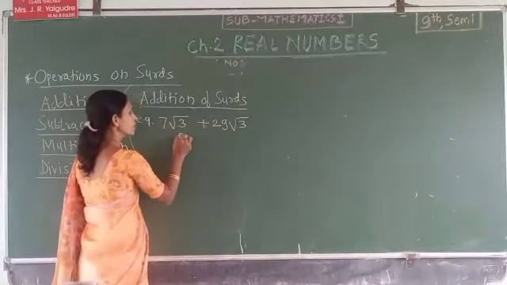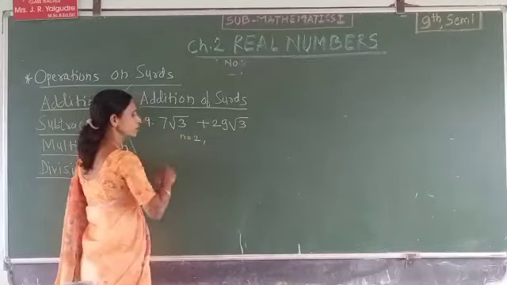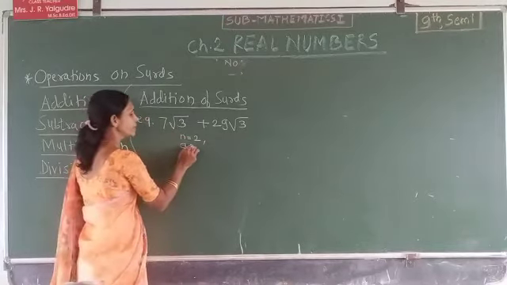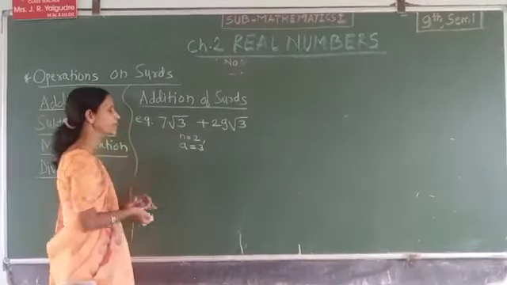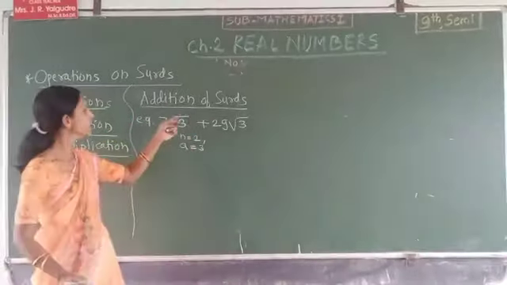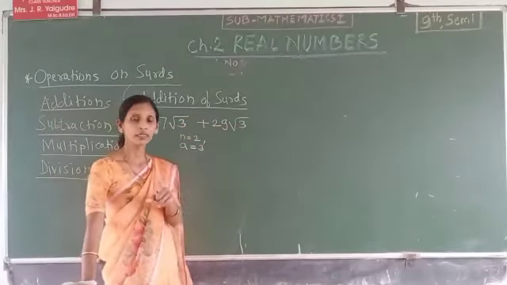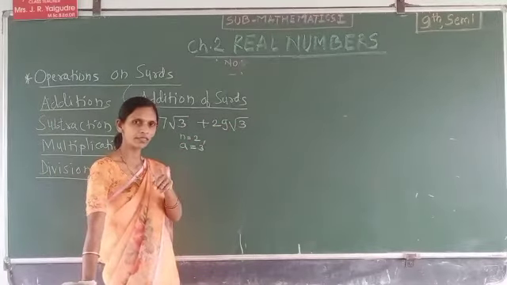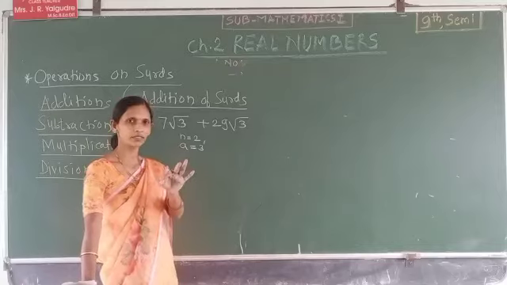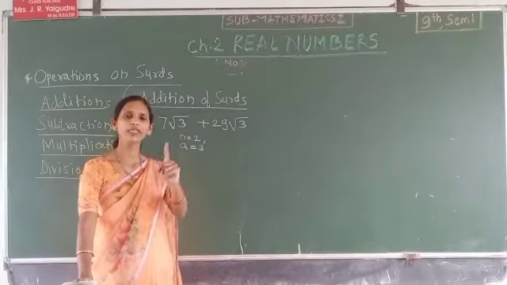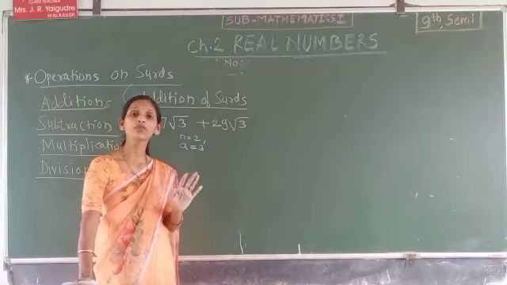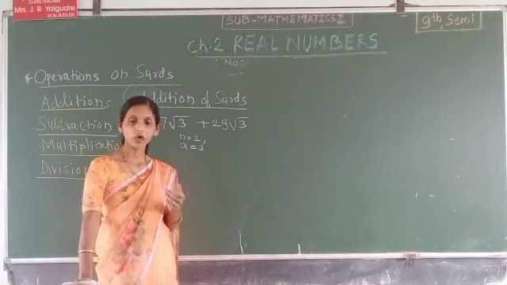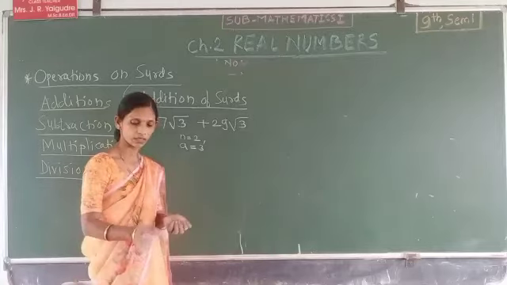See here, the order is 2, and the radicand, that is A, is also the same, that is 3. That means these are like terms or like surds or similar surds. We can do only addition of similar surds, and we can't do the addition of unlike surds or dissimilar surds.